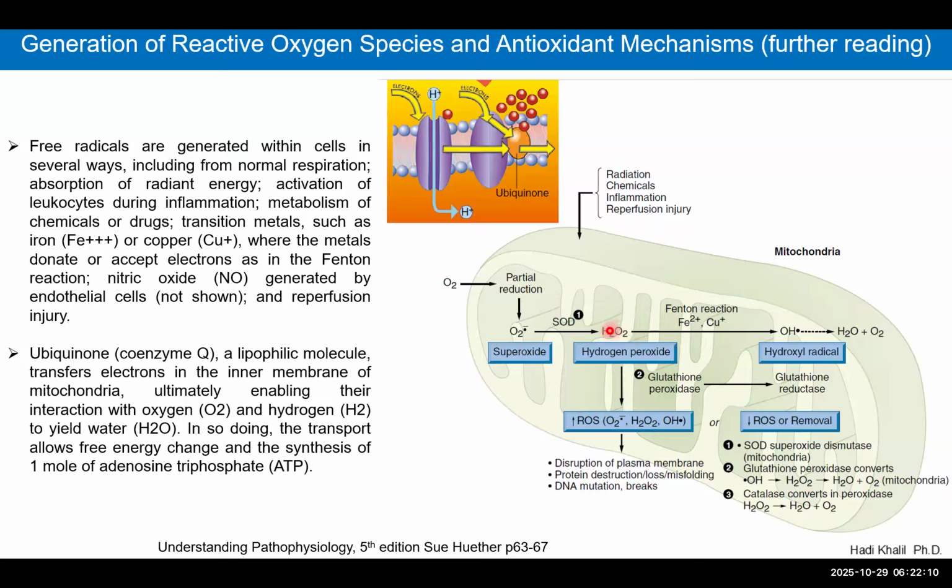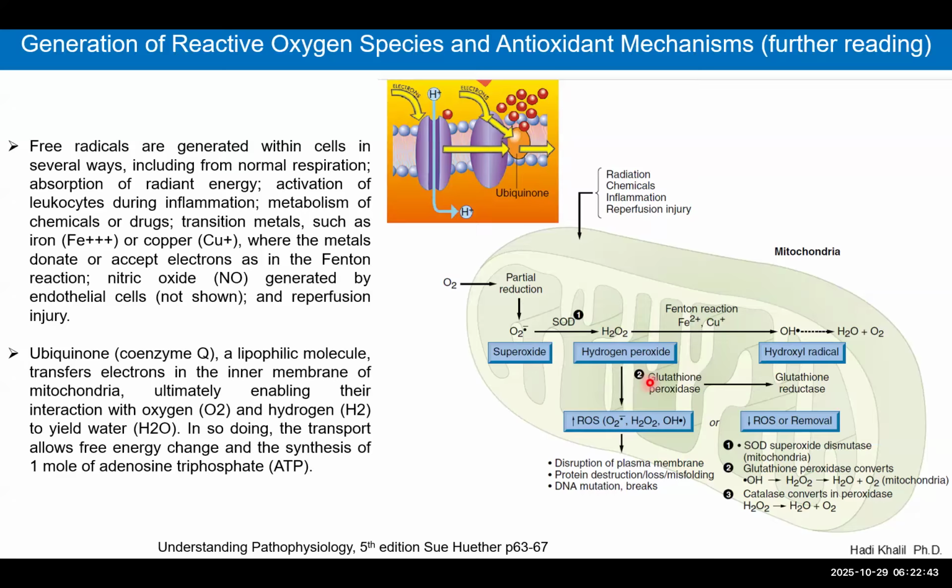And then the hydrogen peroxide could be dealt with by the Fenton reaction, which involves metals like iron and copper to convert that into hydroxyl radical and then water. Or it involves enzymes like glutathione peroxidase that converts the peroxide into glutathione.